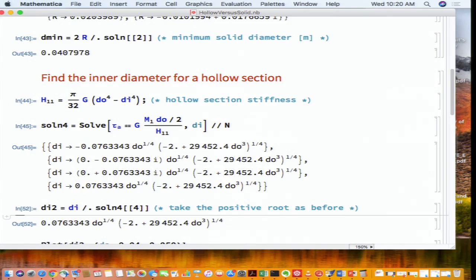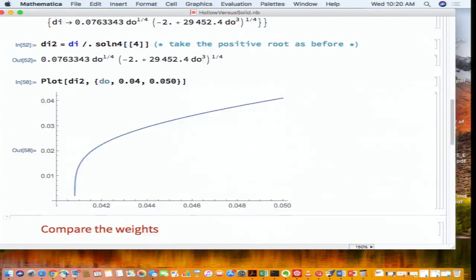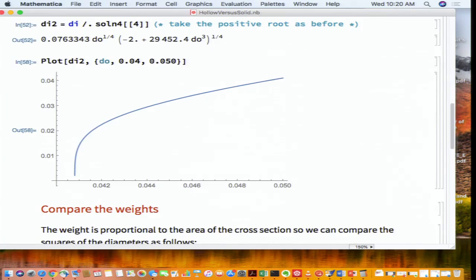By doing this, we can actually plot what the internal diameter should be when you are picking a particular outer diameter for this kind of load. When you increase it, the internal diameter also increases, but you see a jump in the internal diameter in this region.